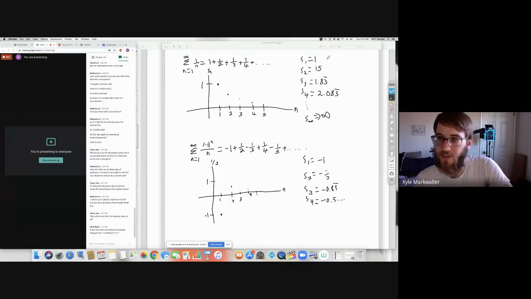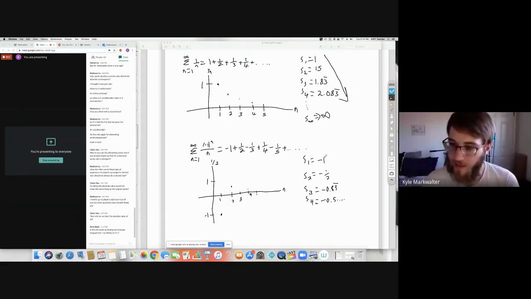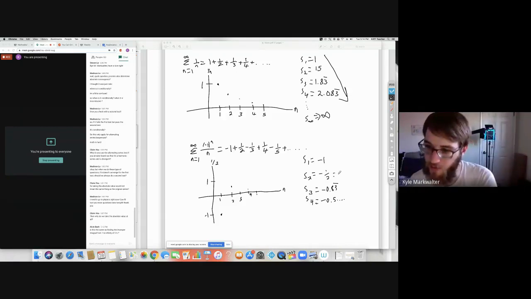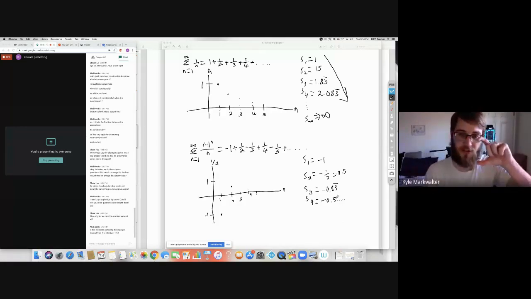Notice, think about the difference here. This sum, as I add to it, gets bigger, bigger, bigger. This sum keeps bouncing around. It was -1, then it was -0.5, then it was -0.83, then it was -0.5, then it would be -0.7. So it bounces back and forth. Because it alternates, we take some away, then we add some.